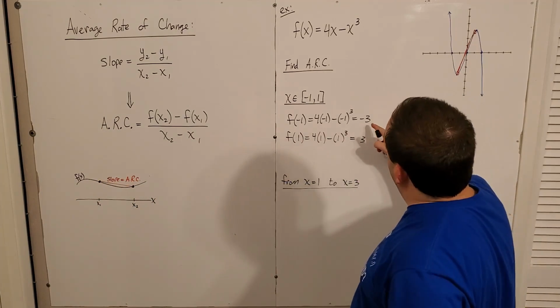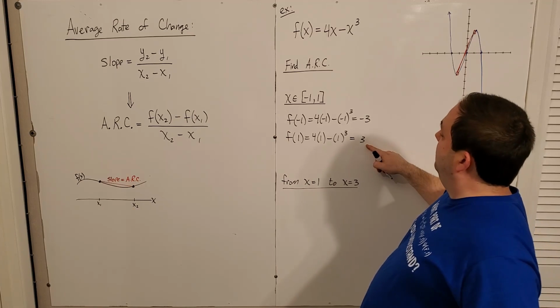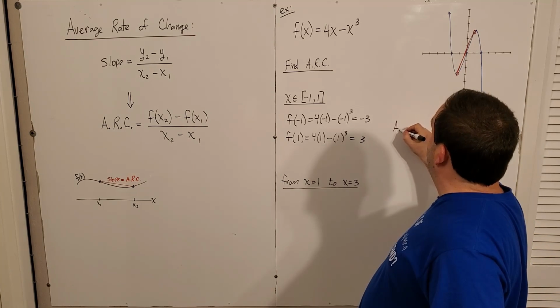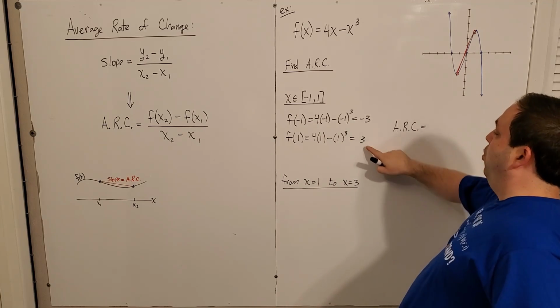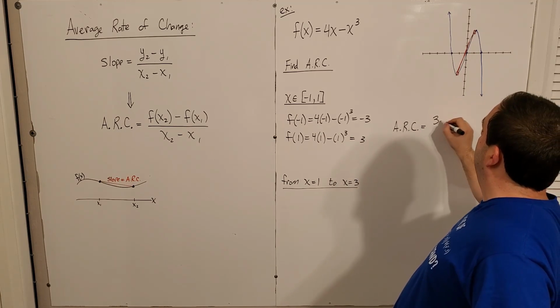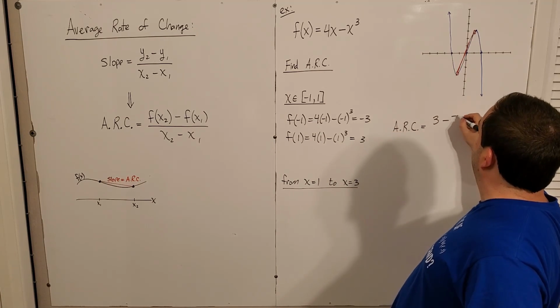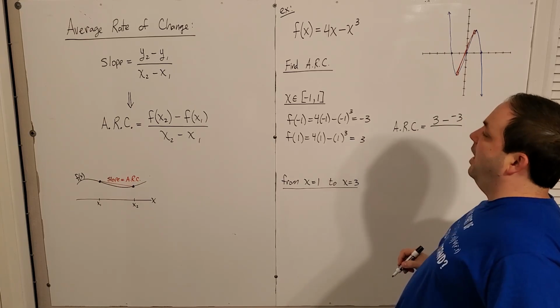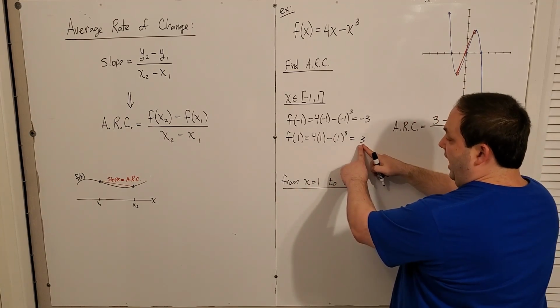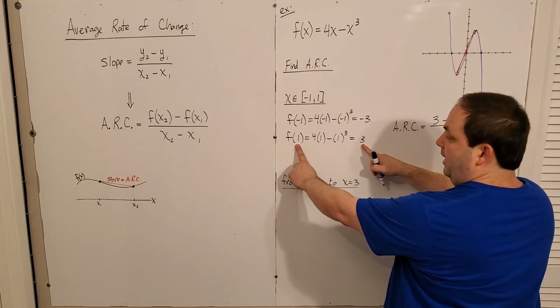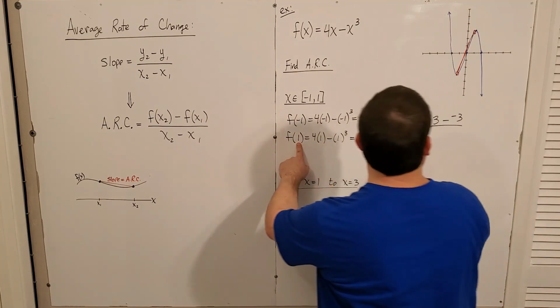Okay, so remember, these are y values, right? So my average rate of change is going to be y2, the 3, minus y1, the -3, divided by x2. Now remember, which x went with this y, okay? This 1 right here went with it.